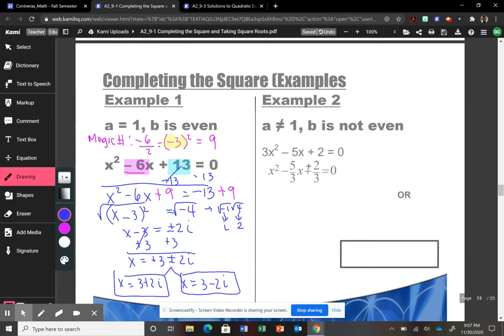We can actually work on this problem here. This is an example when a is not equal to 1 and b is not even. We get a lot of stuff we have to do. We have to make a equal to 1, and then we do the same thing. But I notice that if I just multiply my leading coefficient and my constant, I get 6. My linear term goes here, and this I can actually factor.